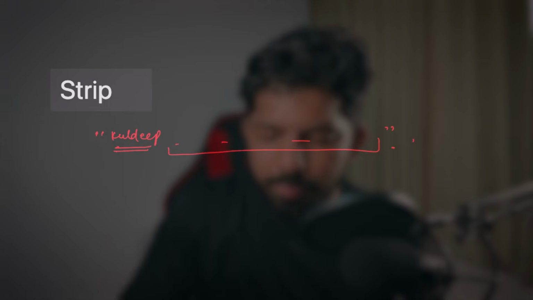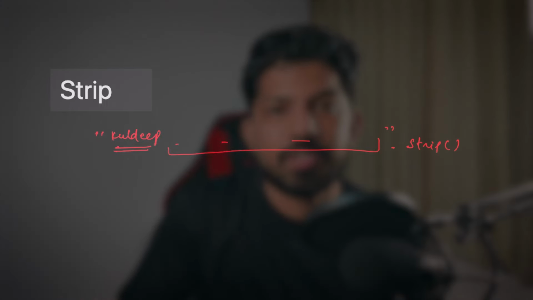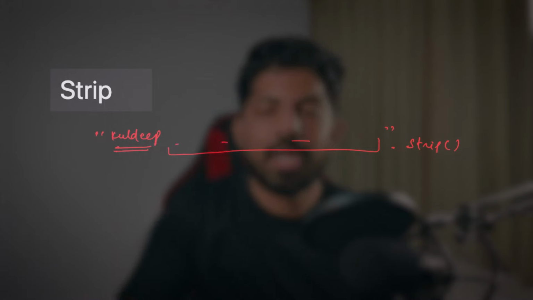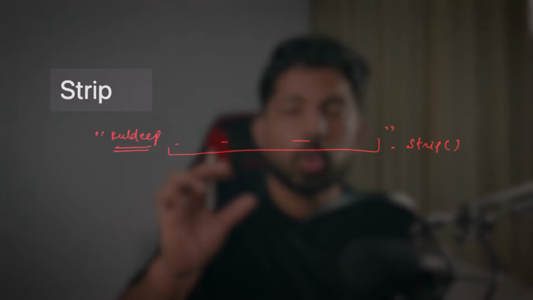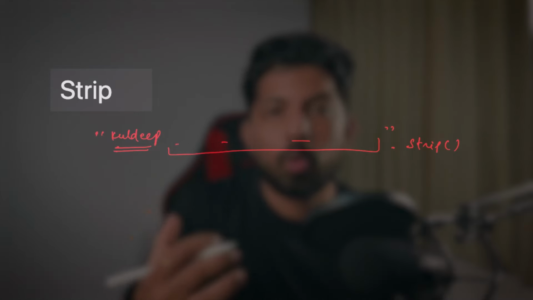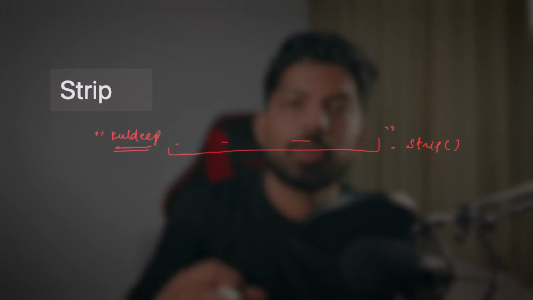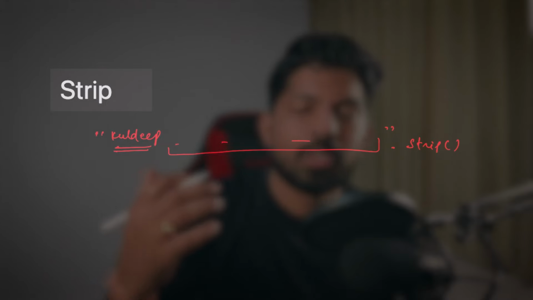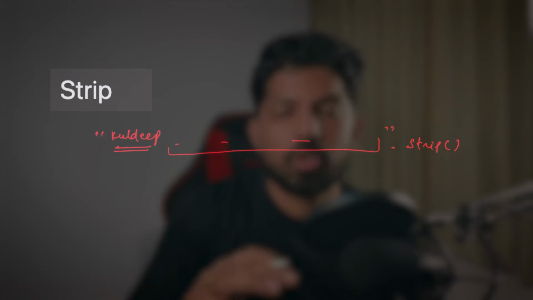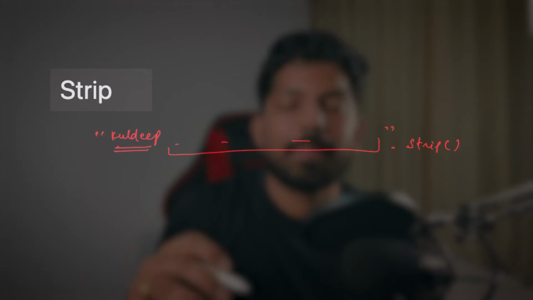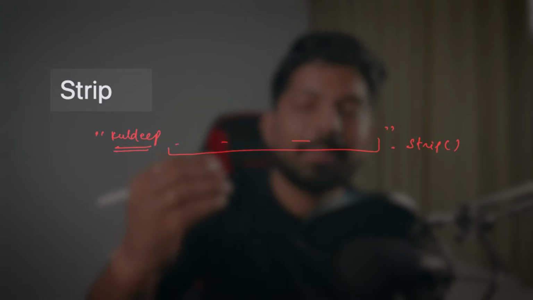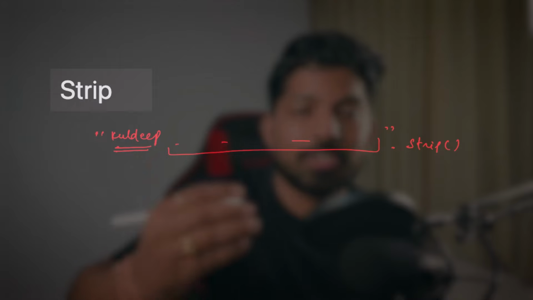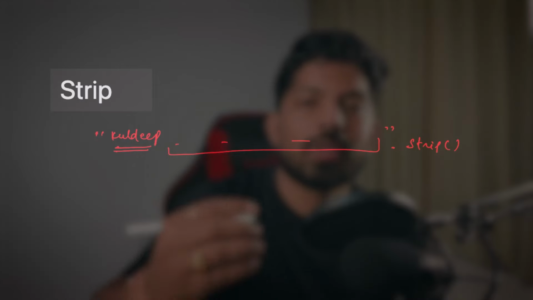When we apply strip on this, it will remove all the leading and trailing spaces, whether in front or back, and give us a clean value. Sometimes it's very useful when the user is inputting a value and you want to store that value in the database. If the user's keyboard is not working fine, it might happen that they enter some unnecessary value, and we don't want to store that value in the database.